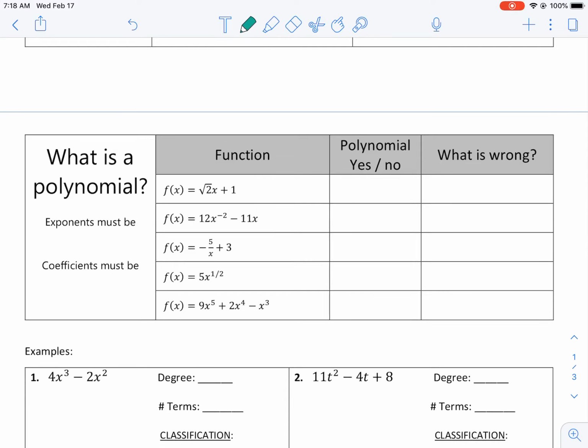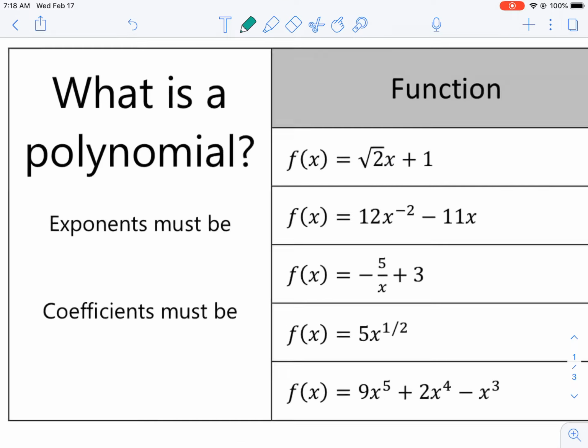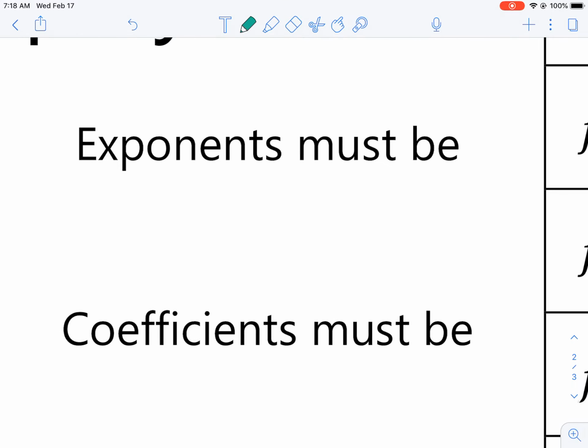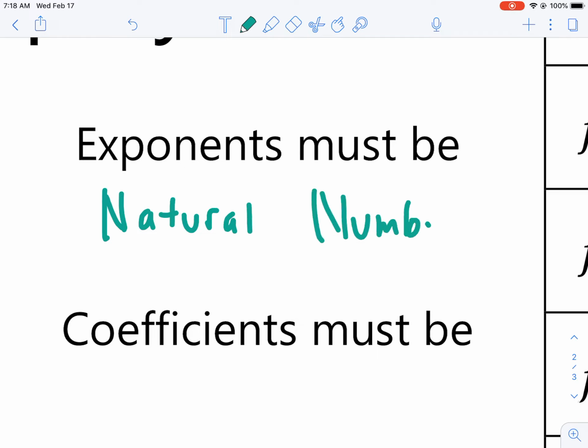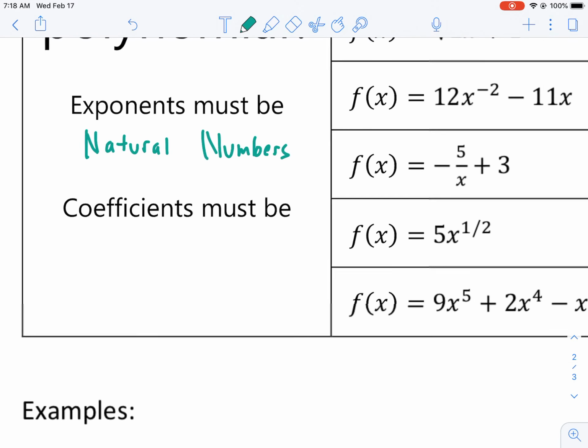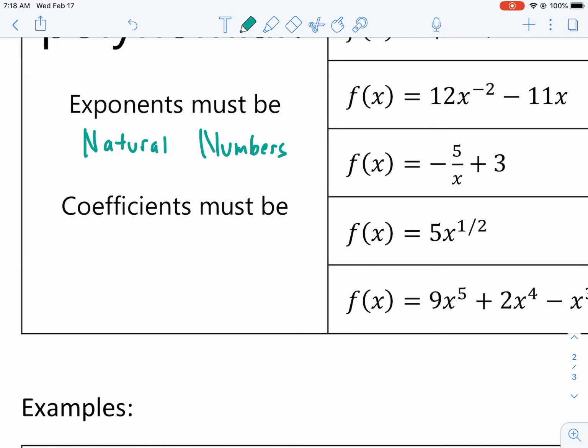Last one. What is a polynomial? For polynomials, exponents must be natural numbers.